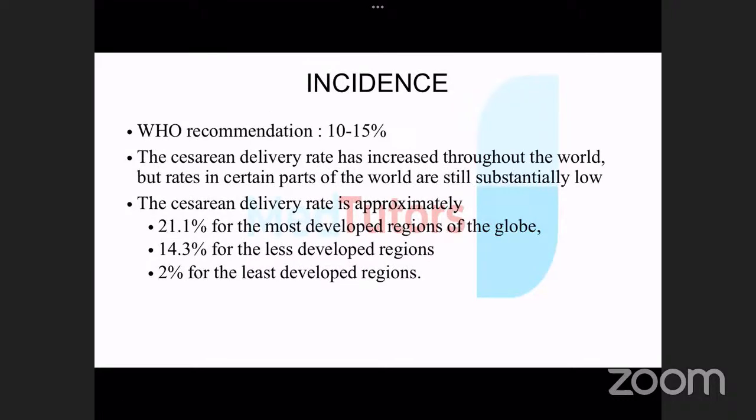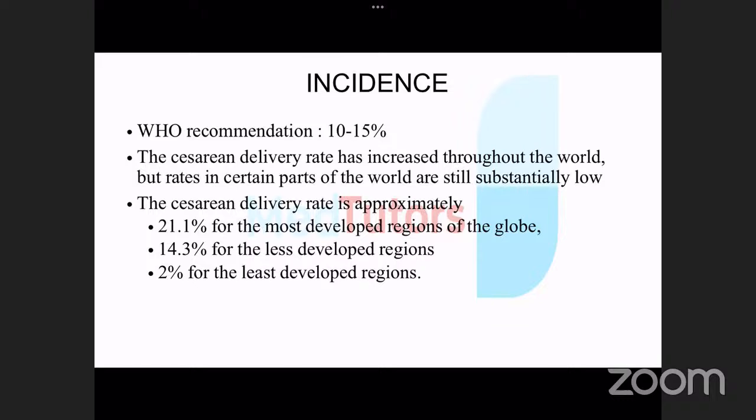Now, what is the incidence of cesarean section? Or what's the ideal cesarean section rate? The WHO recommends a cesarean section rate of 10 to 15%. This is because it is said that a cesarean section rate of 10 to 15% is associated with improved maternal and fetal outcome without putting enough stress on the health system.